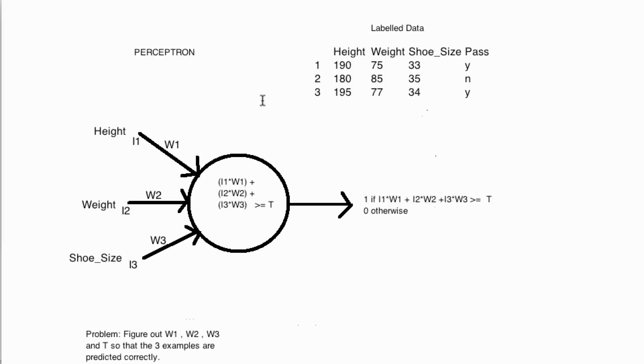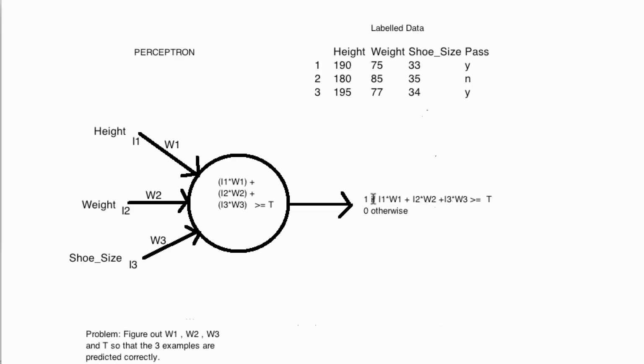So the big question in this model, you can see it right down here, is this problem. We need to figure out W1, W2, W3, and T so that the three examples are predicted correctly. In other words, I'm going to make a guess on W1, W2, W3, and T. I'm going to put the first example onto the network.